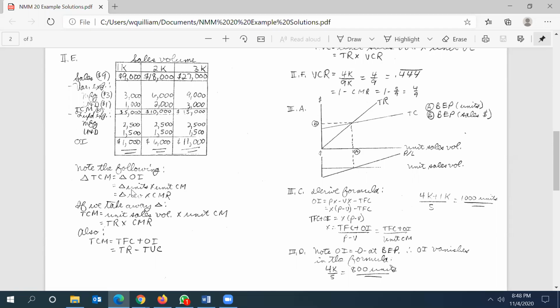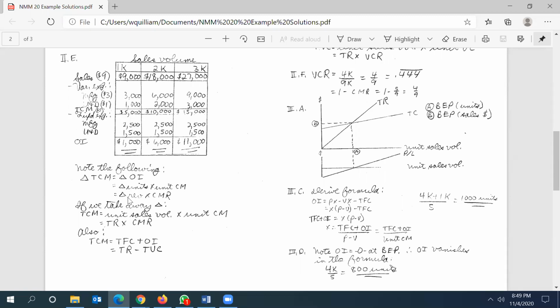And the change in total contribution margin also equals the change in units times the unit contribution margin. So the change in units from column to column is 1,000. In fact, we can note that 1,000 units times $5 a piece, sure enough, gives us a change of 5,000 a pop up here.